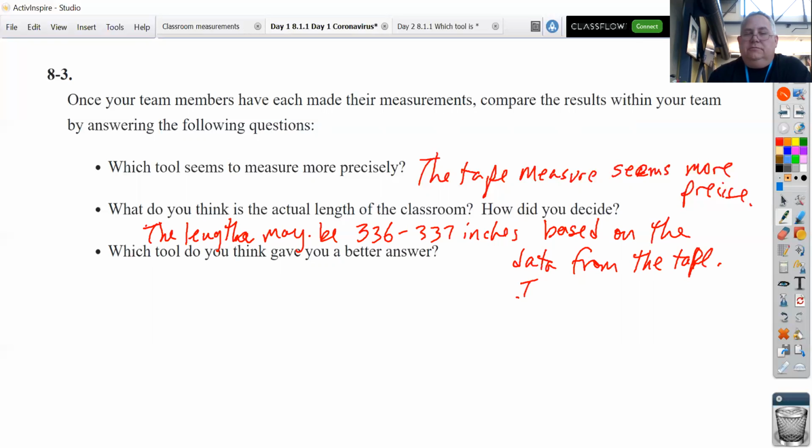It's near the middle. And I'm sorry for my writing. Not easy to write on these screens.